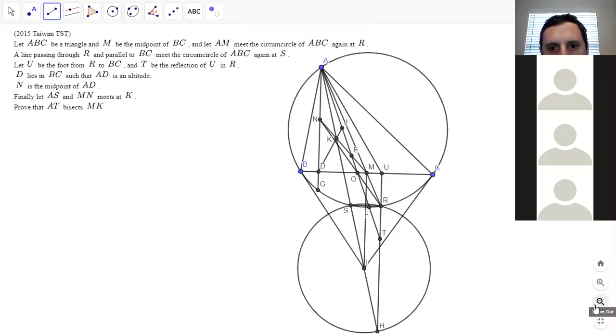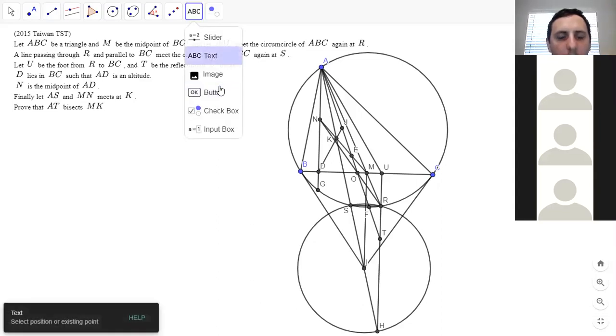It's sufficient to prove that AM over MR is equal to DK over KJ.